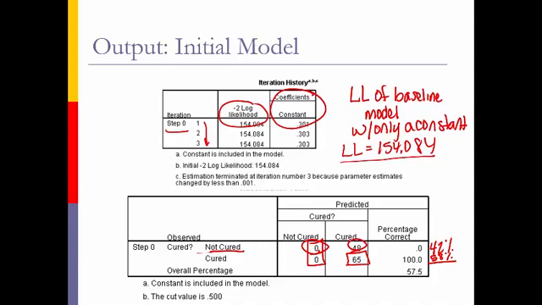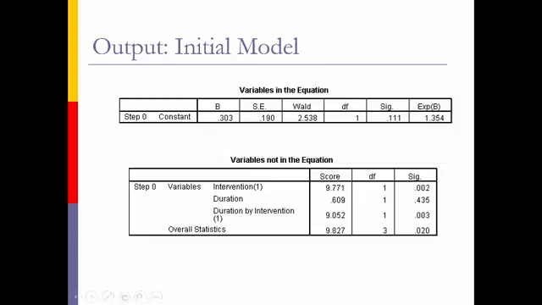So the cured, that's a 58%. So we're going to go ahead and classify 58% of our data as correct. I don't know about you, but that's a pretty crappy model. But again, it's just with a constant in there, so it's supposed to be a bad model, and hopefully as we go forward into step 1, we'll end up with a slightly better model.